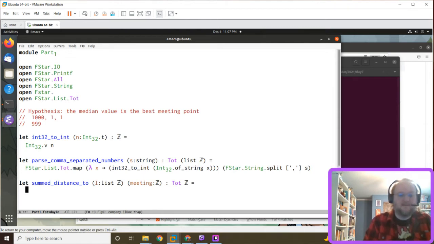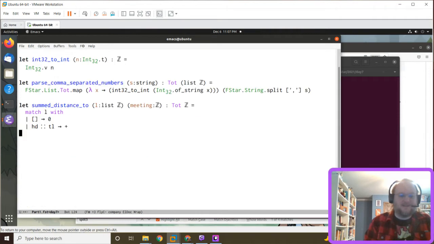And so that's going to be, all right. If it's empty, then that's 0, and otherwise, we'll write the non-tail recursive version.